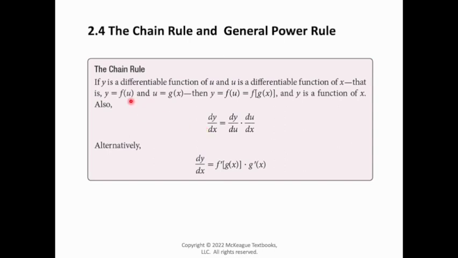So if I wanted to take the derivative of this function y that is with respect to u, but I want to take the derivative of y with respect to x, and u is a whole other function that's with respect to x, what you need to do is find the derivative of y with respect to u and then multiply that by the derivative of u with respect to x. So here is the prime notation for that down here. When we start going through some examples, this will make a little bit more sense.